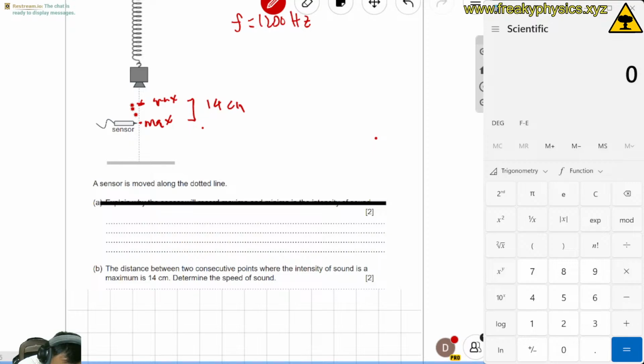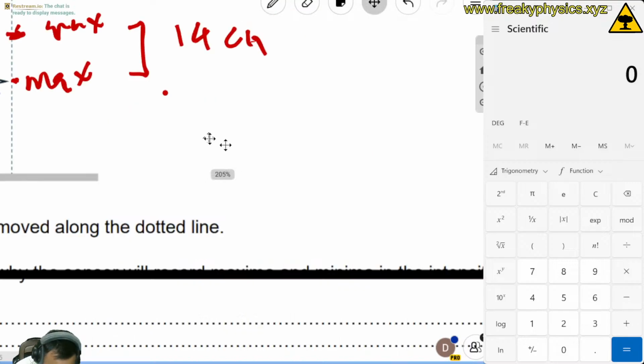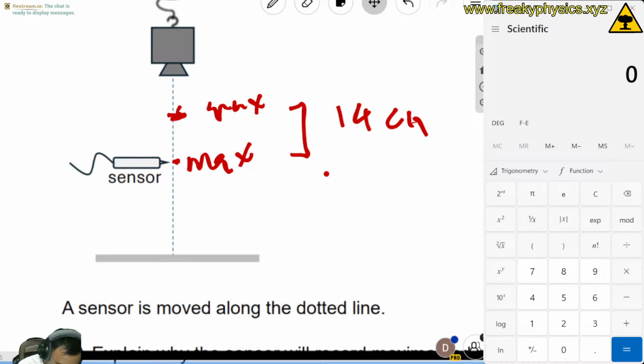I'm going to draw, let's zoom in a little bit. Since that's going to be a maximum sound, we're going to put a part of the antinode here. The other part of the antinode would be on the other side because we know for standing waves that it's alternating. So basically the distance between that and that.